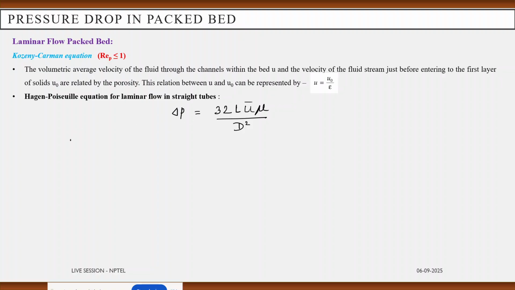Now if you rearrange this equation, you will get del P by L equals 32 U mu by d equivalent square. You have already derived the expression for d equivalent.